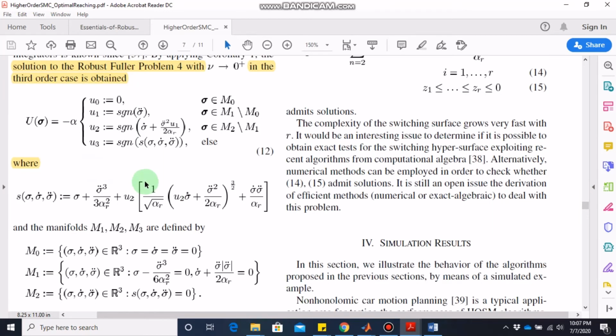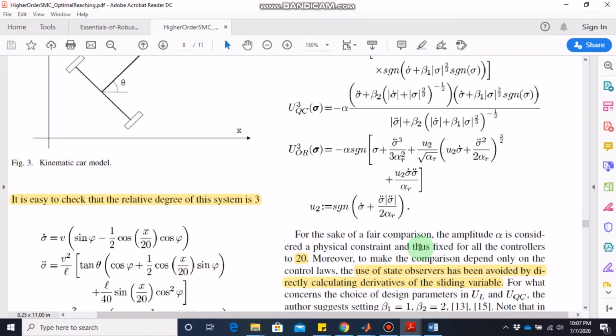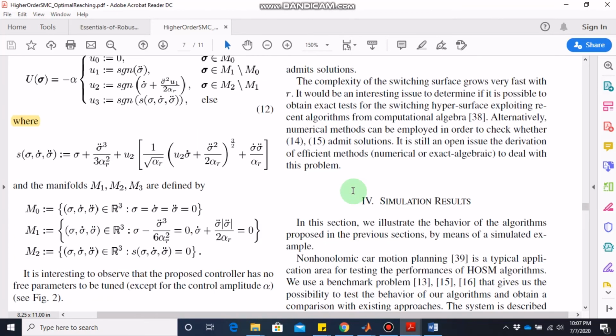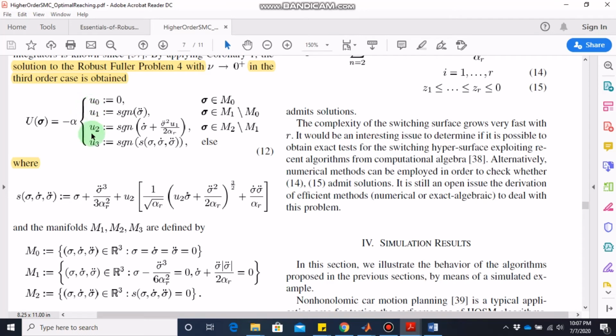So in the case study you can see the control is only a single control here, UOR3, just one equation, whereas in the theoretical result it is basically a switched control where under certain conditions control is 0, under some other conditions control is this, under some other conditions control is U2. We have only used this controller.